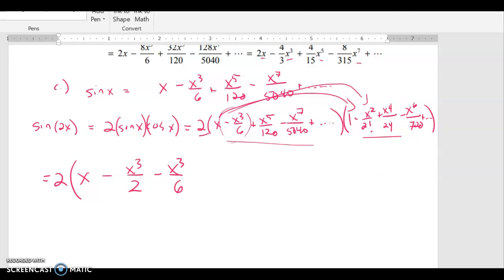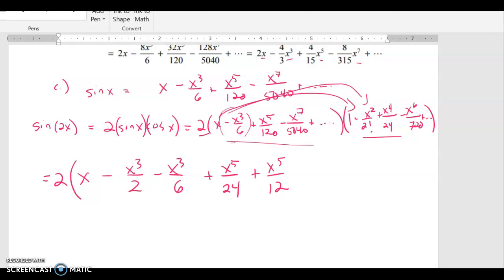Now what else am I going to get? I'm going to get x to the 5th over 24. How many x to the 5th terms do you get? Well, this will give me another one, this x cubed over 6 times x squared over 2. So that's going to give me a plus x to the 5th over 12. And then I should have one more x to the 5th term, I think.